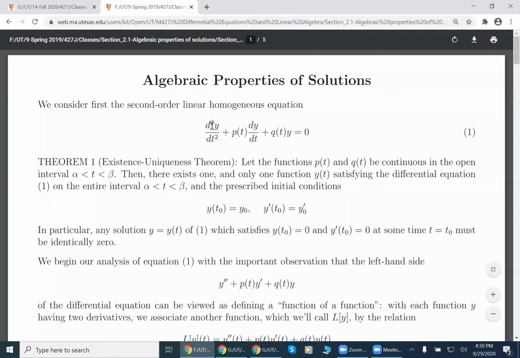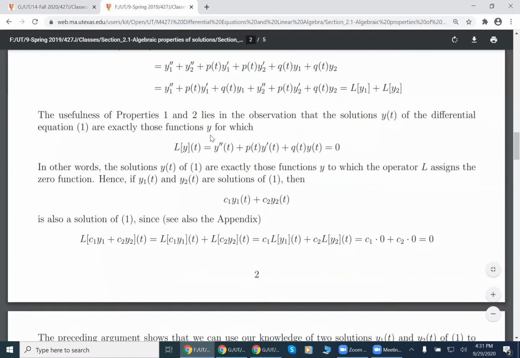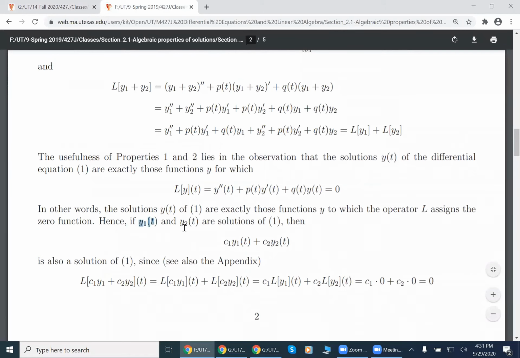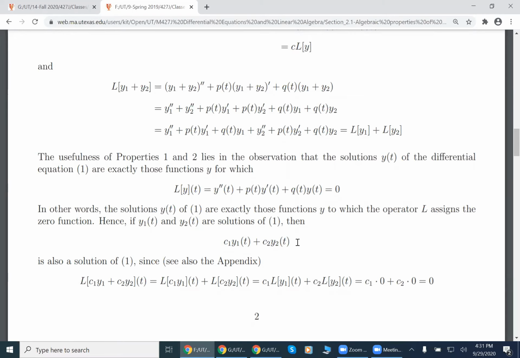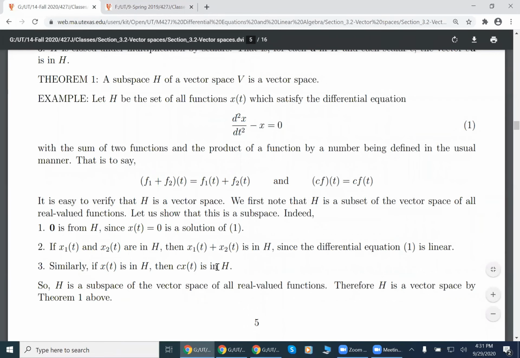And note that in this section we showed that if y1 and y2 are solutions of that equation, then c1 y1 plus c2 y2 is a solution again for any choice of c1 and c2. In particular, if we replace c1 by 1 and c2 by 1, this becomes y1 plus y2, correct? Yeah. So it's exactly what we do here.